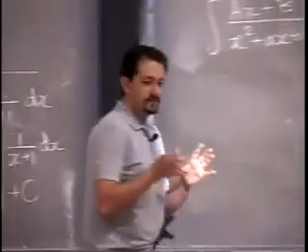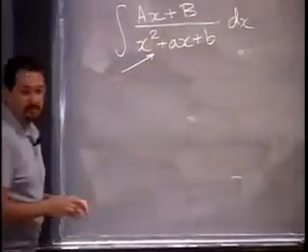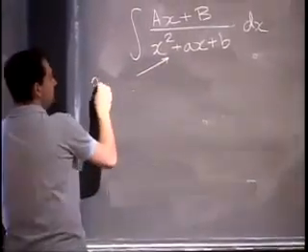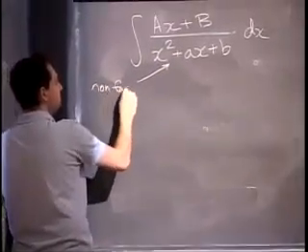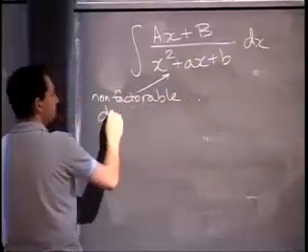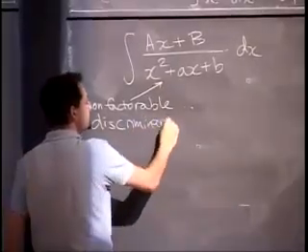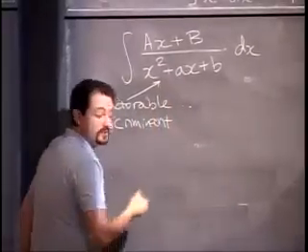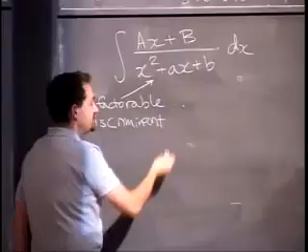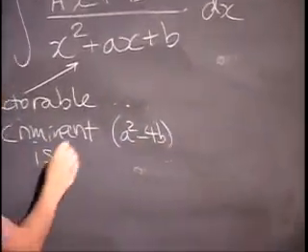For this to even come up, this has to be non-factorable. And remember, that means the discriminant, which in this case is not actually b squared minus 4ac, unfortunately, because I decided to call it a here and b, so in this case it would be a squared minus 4b, is negative.